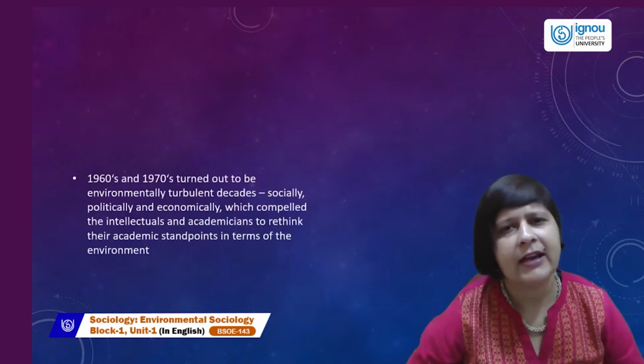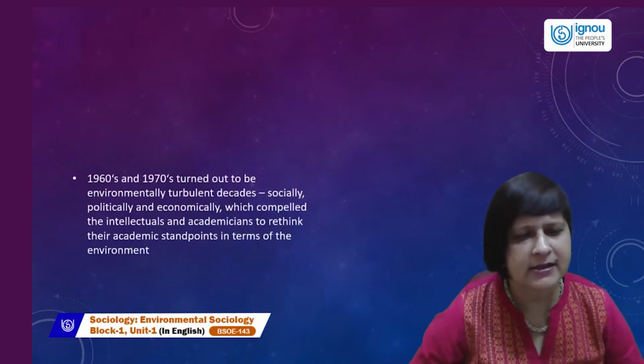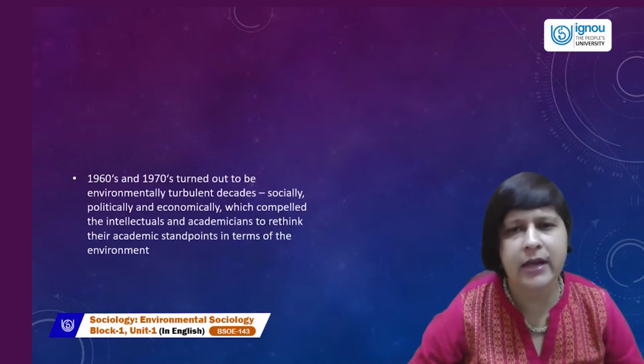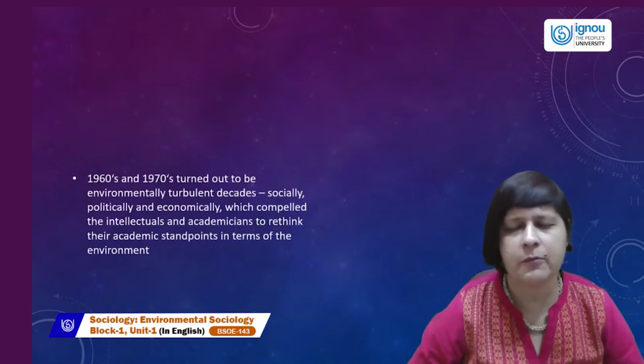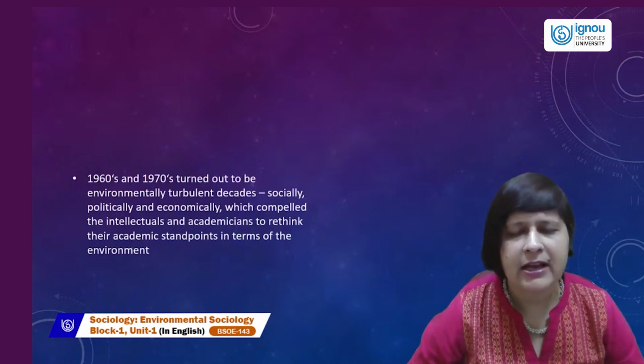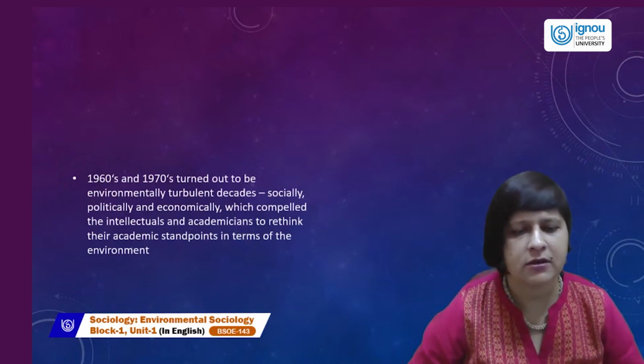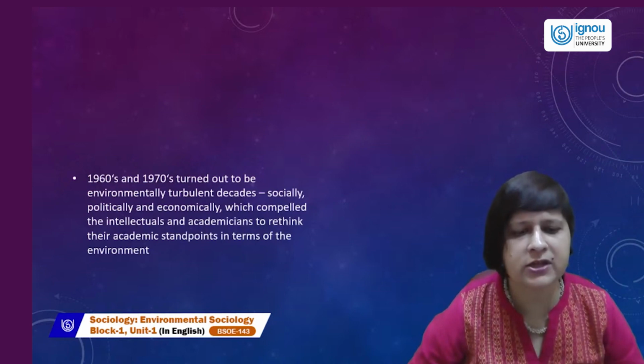The 1960s and 1970s turned out to be an environmentally turbulent period, socially, politically, and economically, which compelled intellectuals and academicians to rethink their academic standpoints in terms of the environment.